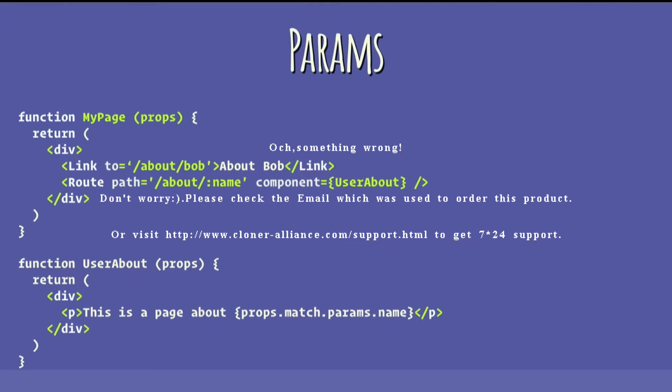So when you're using React Router, each component has access to a set of props that React Router adds. And you can use those to get a little bit more information. So here we link to /about/Bob.